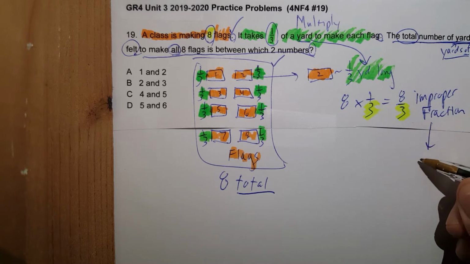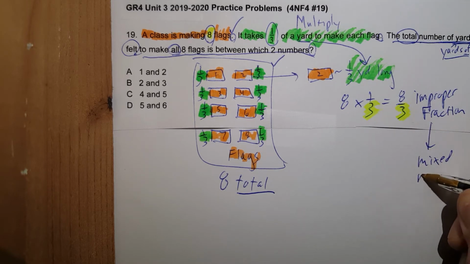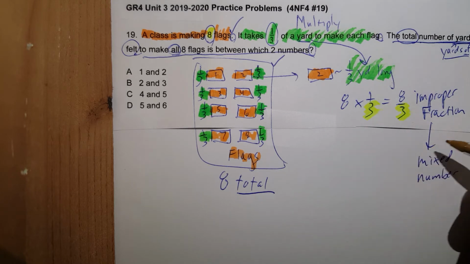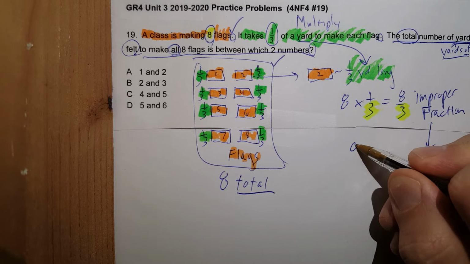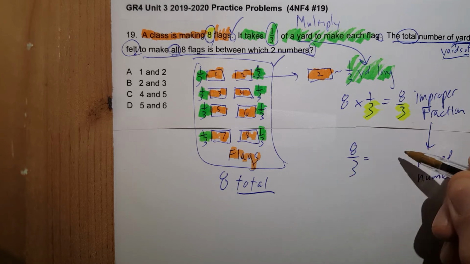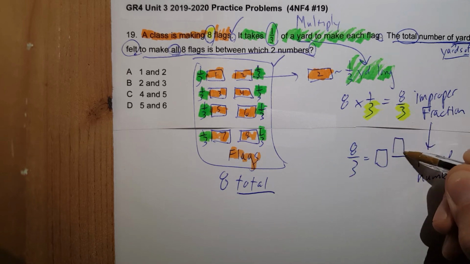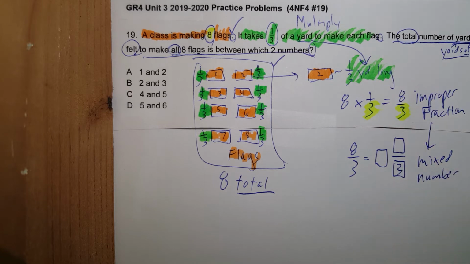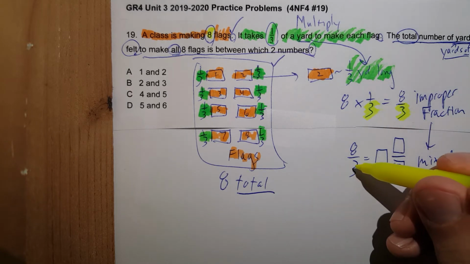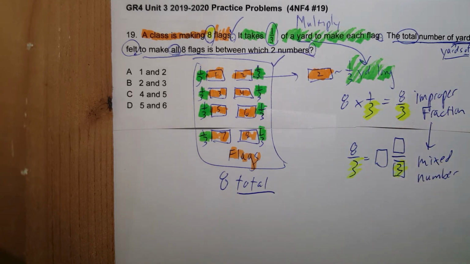I need to go down to a mixed number. So I take 8 over 3 is equal to what over what? Denominator stays the same.